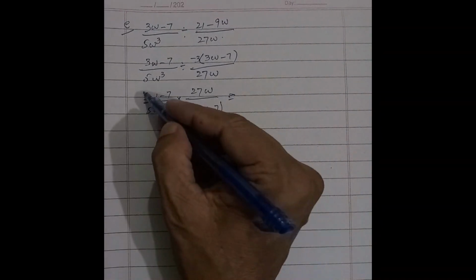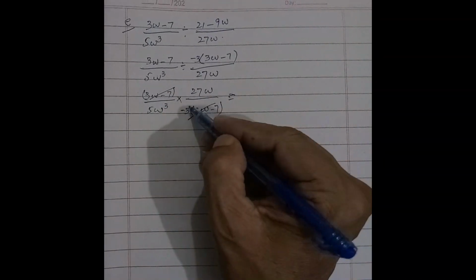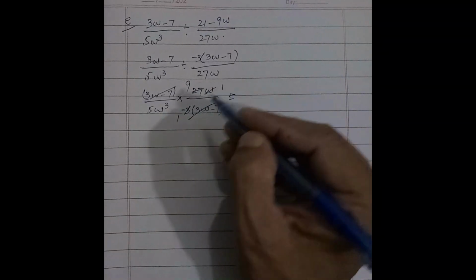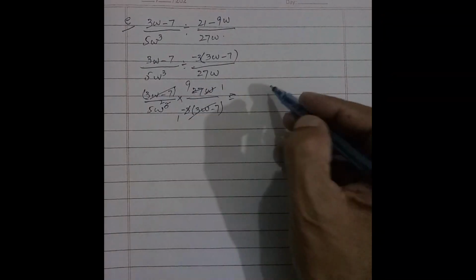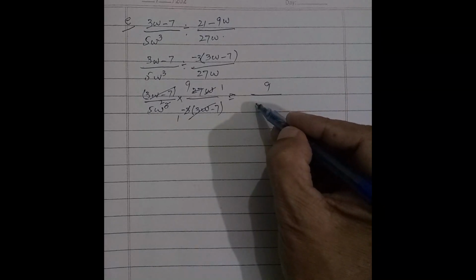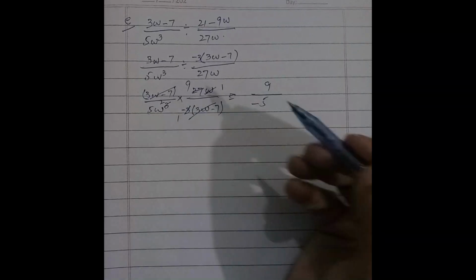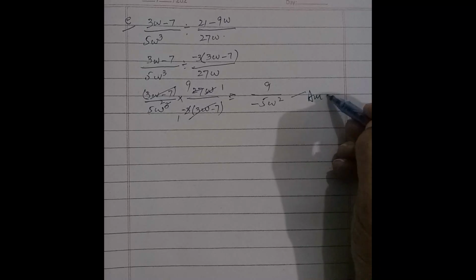Now simplify the values. 3w minus 7 cancels with 3w minus 7, 3 ones are 3, 3 nines are 27, and w cancels with w, remaining is w², and no other terms cancel with each other. So multiply the values, we get 9 over minus 5, here is minus 1, multiplied by 5, minus 5w square is the answer.